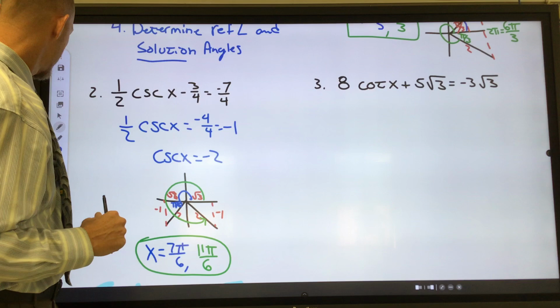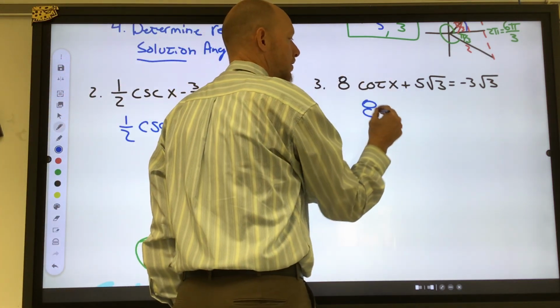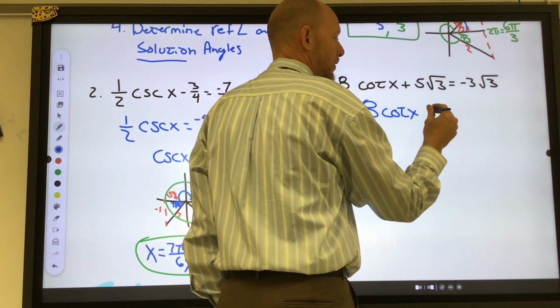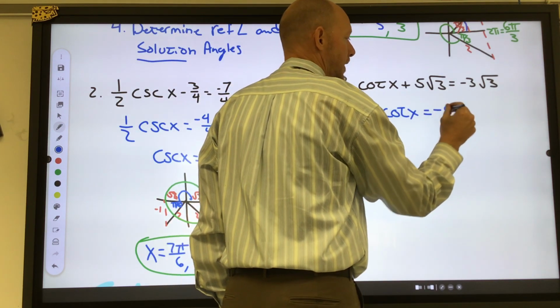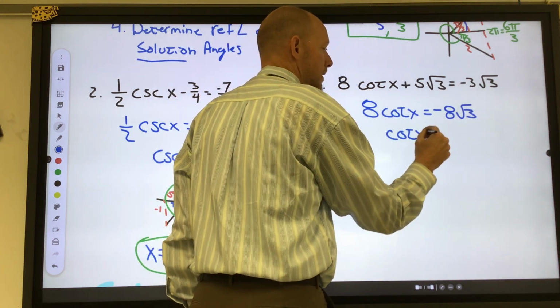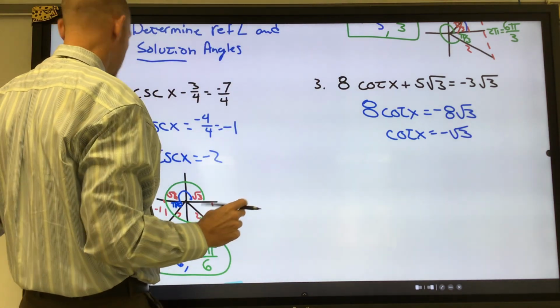And then finally, let's go ahead and take a look at our last example. We have cotangent. So I'm going to start off, in this case, subtracting 5 square root of 3 from both sides, which gives me negative 8 square root of 3. Divide both sides by 8. Gives me negative square root of 3. And now this is cotangent.